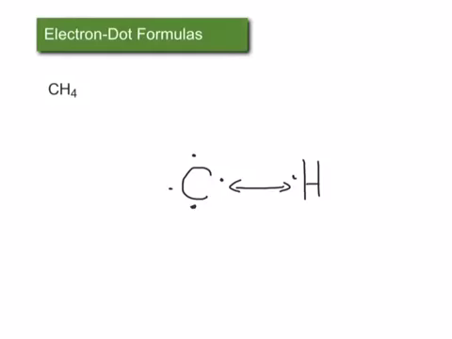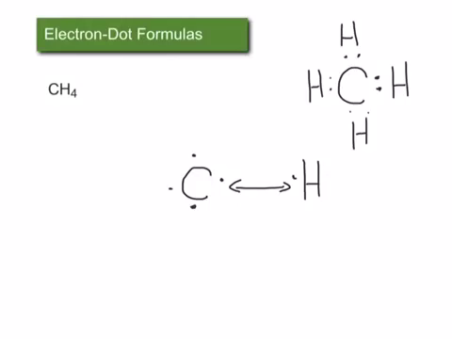So when we draw the electron dot formula for methane, which is CH4, what we end up with is carbon with 2 electrons being shared with 1 hydrogen, 2 electrons being shared with another hydrogen, and 2 electrons being shared with each of the last 2 hydrogens.